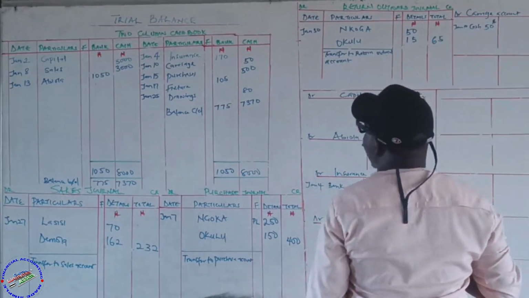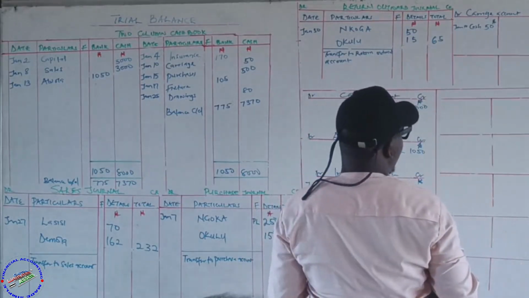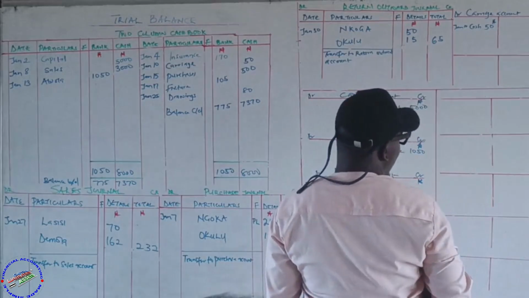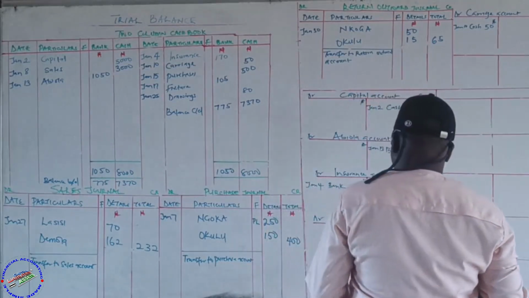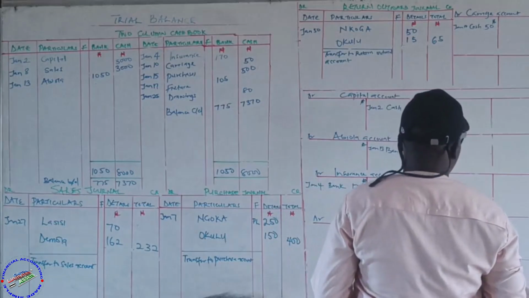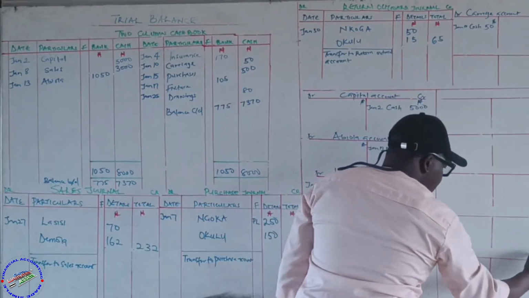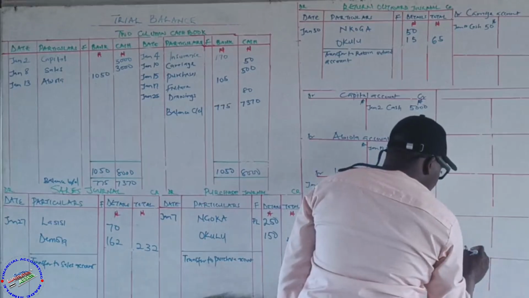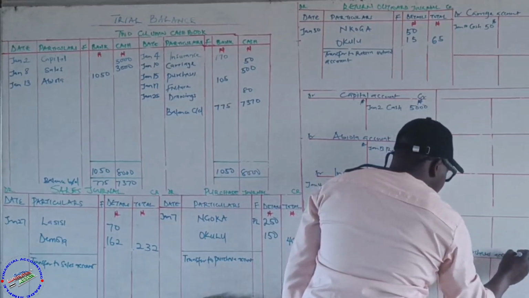So the next one is purchases. Like I did for sales, I'm going to use a ledger that is a bit big for purchases. So let me pick this last one, purchases.